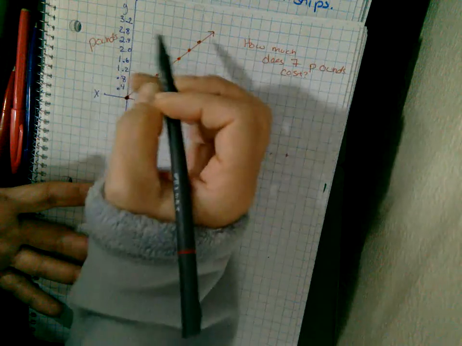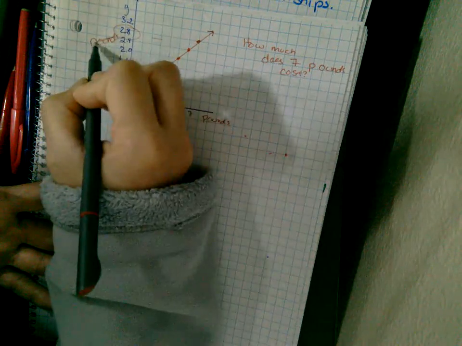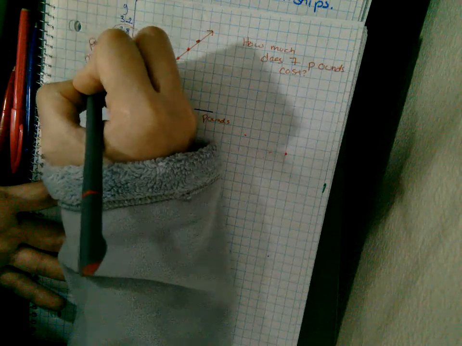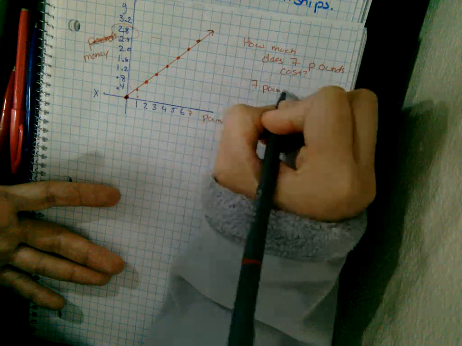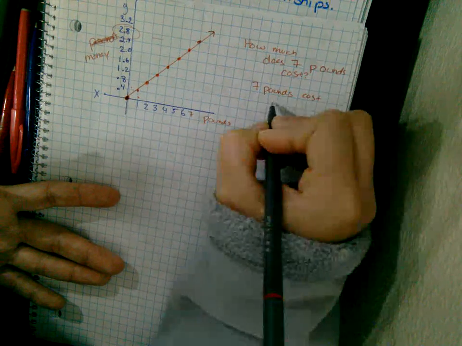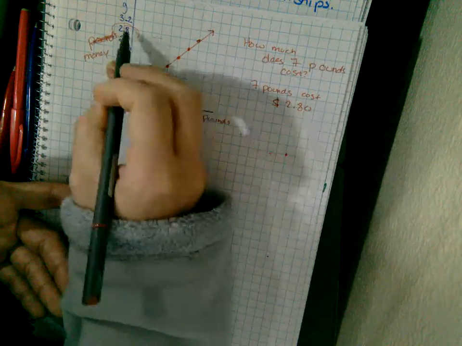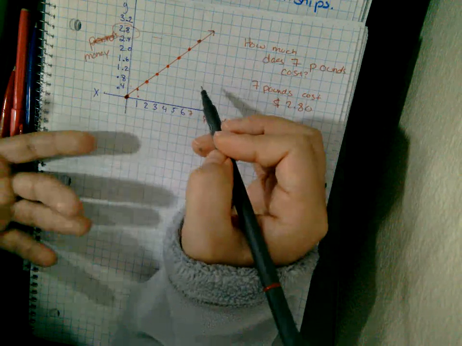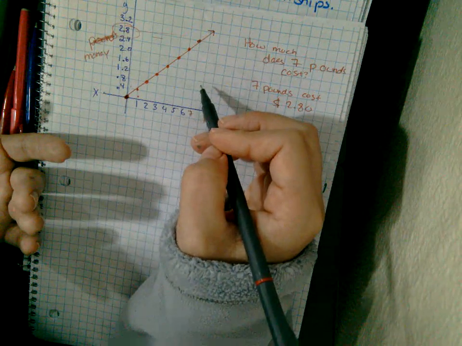So I guess I should have had you label it. 7, no, this is money. Oh my gosh, I'm losing it, kids. So, 7 pounds cost $2.80. How do I know it's $2.80? Because it's on my graph. So your graph also allows you to answer questions, right?